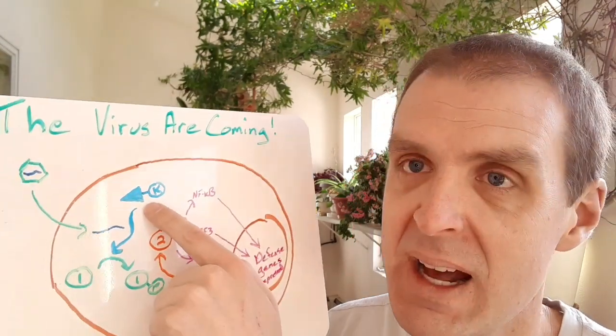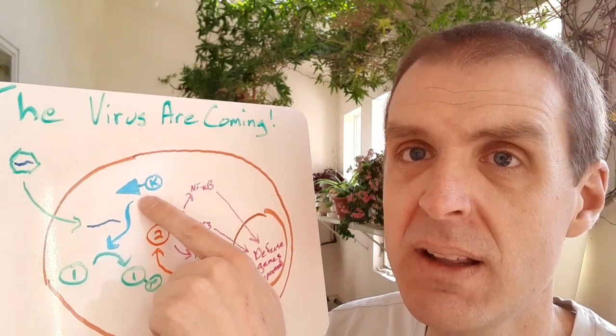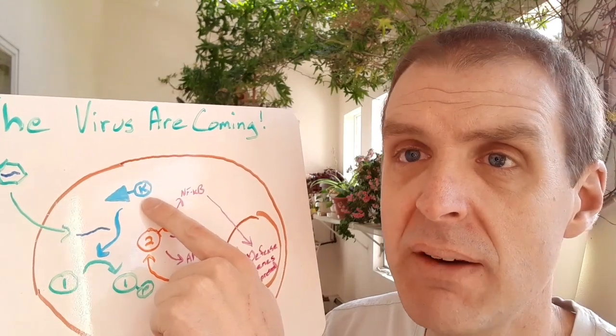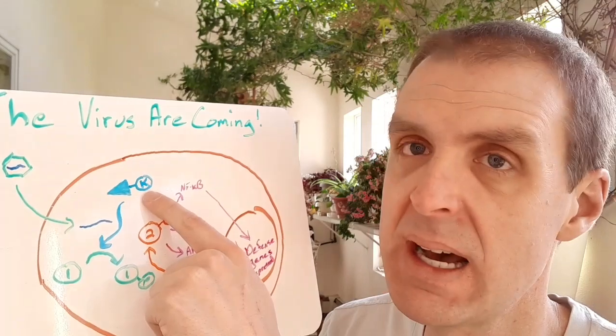And then I have, in addition to having just a helicase domain, there's also what I've drawn a K with a circle around it, and that's supposed to represent a kinase.